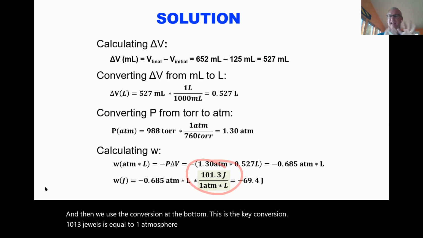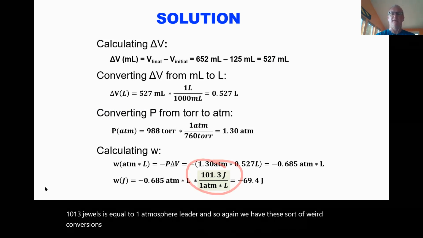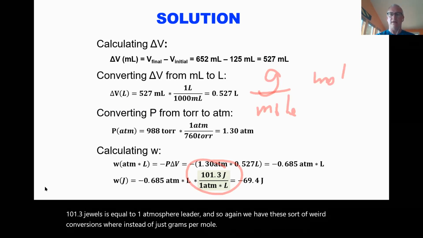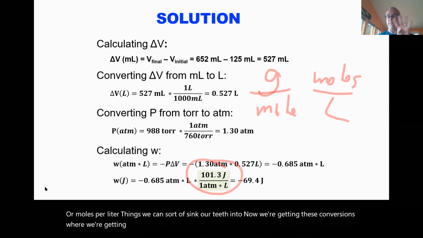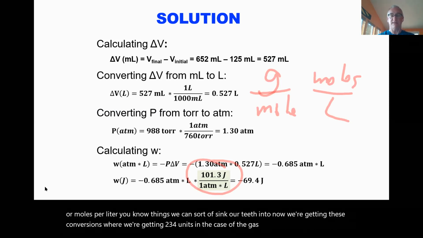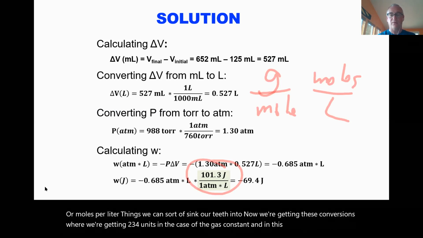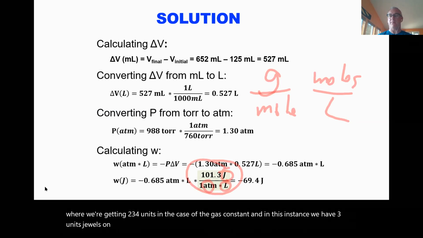And so, again, we have these sort of weird conversions where instead of just grams per mole or moles per liter, things we can sort of sink our teeth into, now we're getting these conversions with 2, 3, 4 units, as in the case of the gas constant. And in this instance, we have 3 units: joules on top, atmospheres and liters on the bottom.